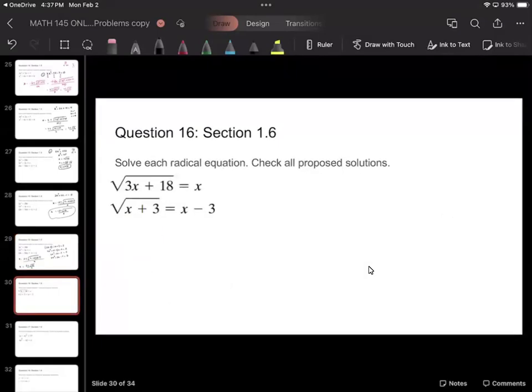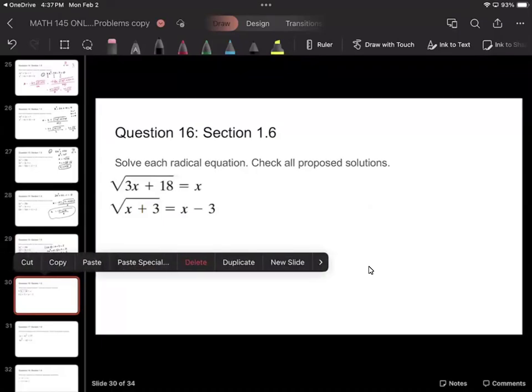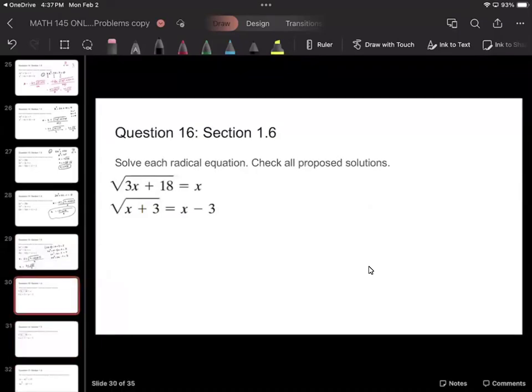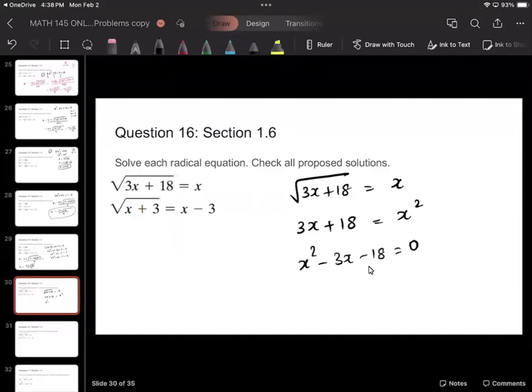So here you're asked to solve this radical equation. The first one has only one radical, like so. So for solving a radical equation, we are going to square both sides. When you square a radical, the square and the radical get neutralized, and this becomes this. So then I'm going to bring everything over to one side and see what I can do with this. I think I can factor this, right?